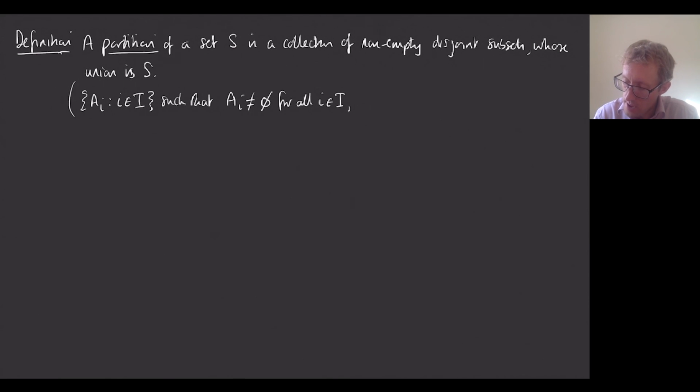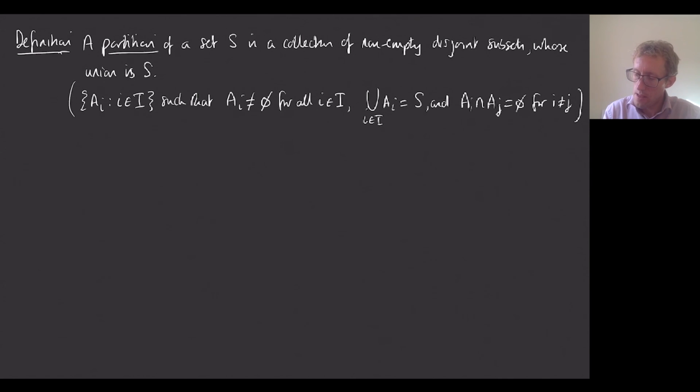Their union has got to be S, so we're going to say the union over all i of the A_i has got to be S, and they've got to be disjoint, so I'll write that as A_i intersect A_j is empty whenever i is not equal to j.